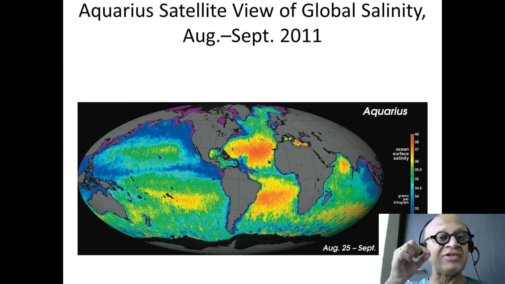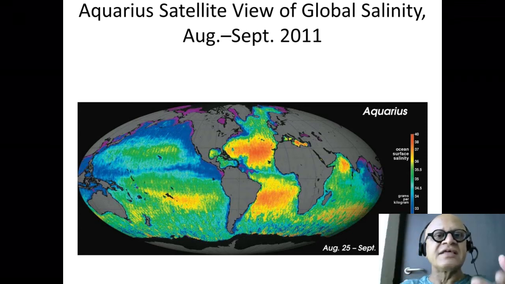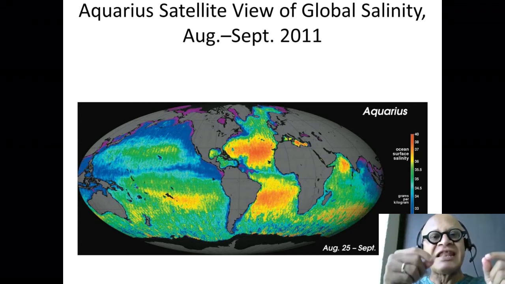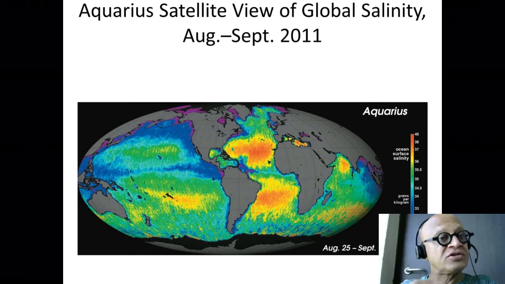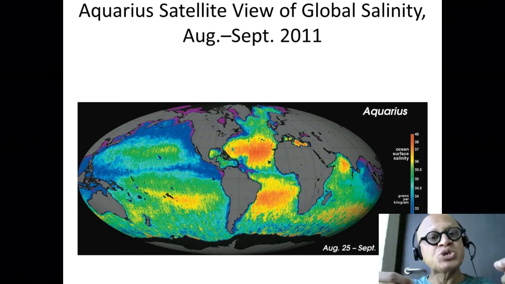Every satellite basically looks at the light that's coming from the ocean surface in different frequency bands and relates it somehow to conductivity for measuring salinity, to waves or temperature, and so on and so forth, right? There are also ways to measure other quantities like chlorophyll, etc.